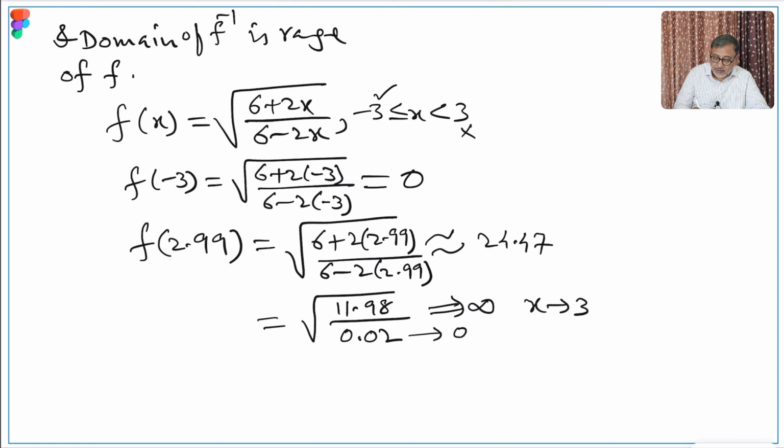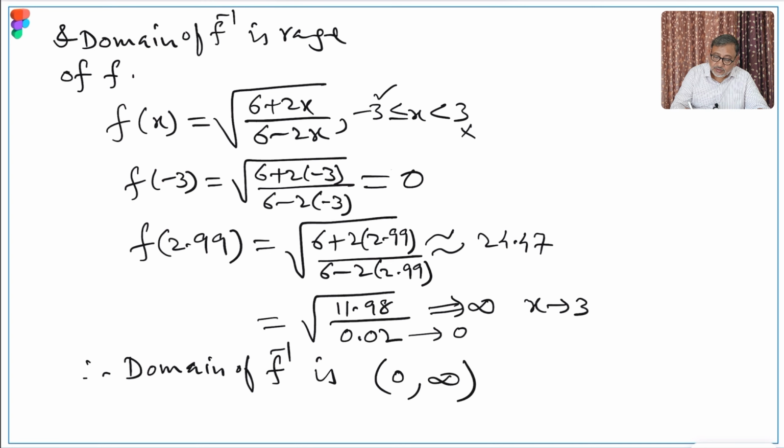So therefore range of f is infinite. Okay, range of the domain we have to find. So range is from 0 to infinity, because it cannot be negative, 0 to infinity. So therefore domain of f inverse is from 0 until infinity.